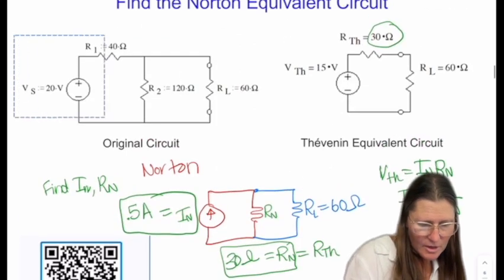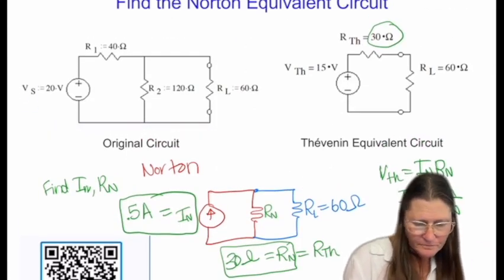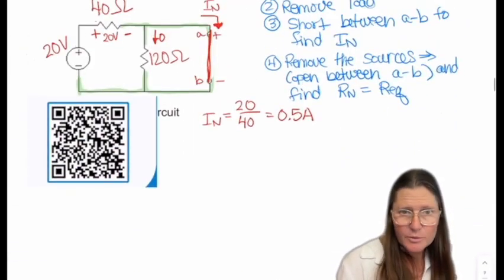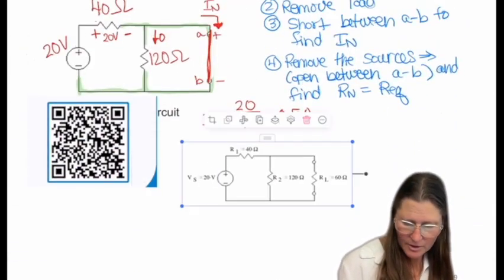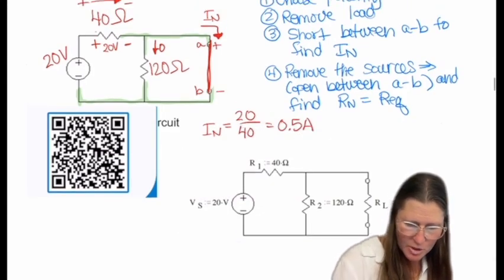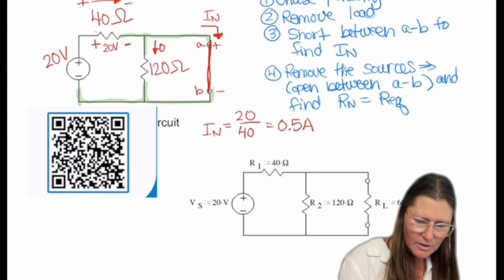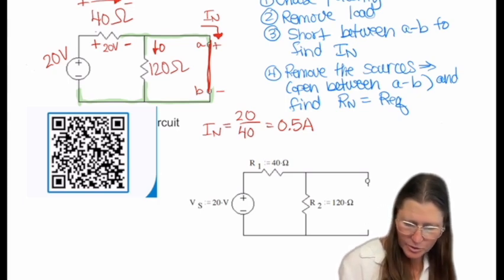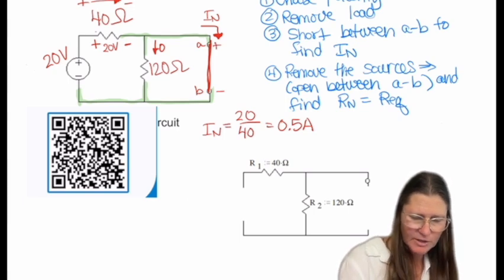This one. And then for the resistance, you do it the same way we did before, which is you're going to again remove the sources, and in this case that becomes a wire because it's a voltage source.